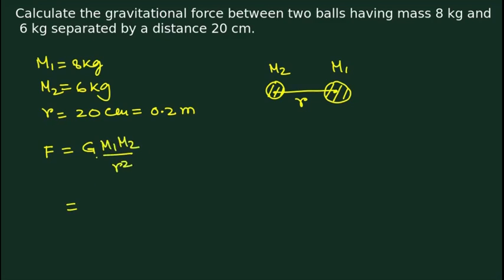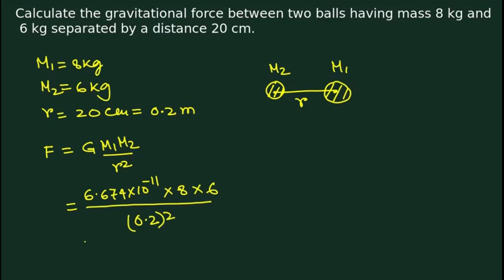If we put in the values, the value of G is 6.674 into 10 to the power minus 11, the value of m1 is 8 kg, the value of m2 is 6 kg, over r, which is 0.2, square. That will give you 8 into 10 to the power minus 8 Newton.